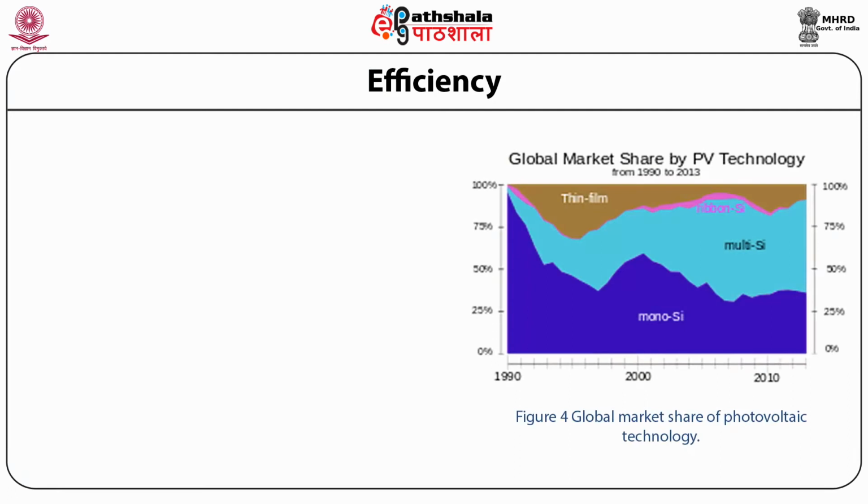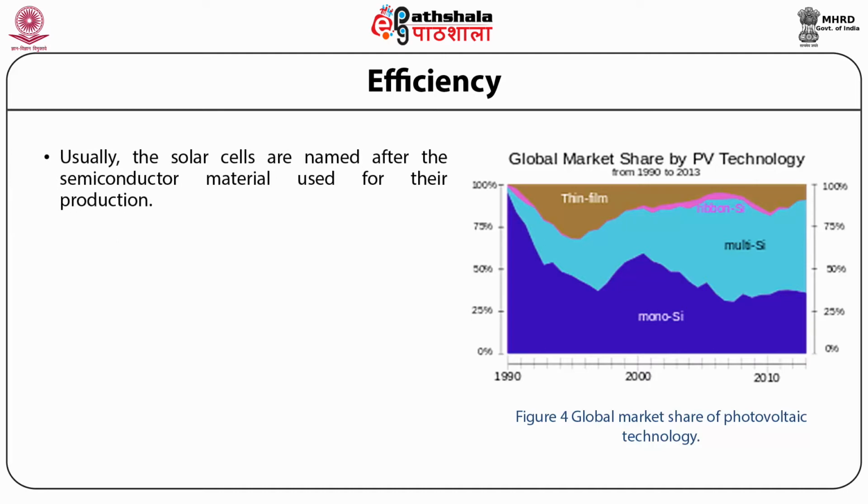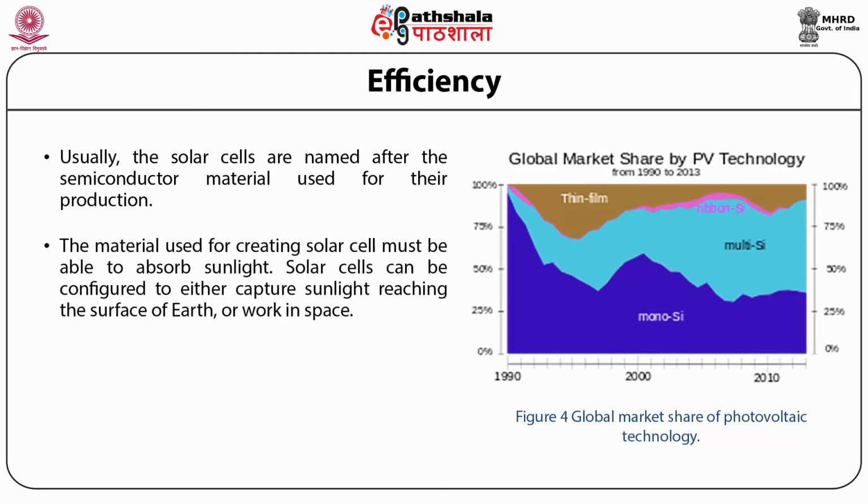We will next discuss the timeline of development of material. Usually, the solar cells are named after the semiconductor material which is used for the production. The material used for creating solar cell must be able to absorb sunlight.